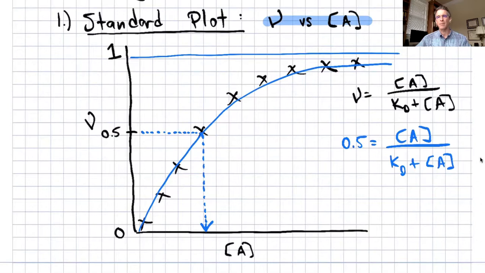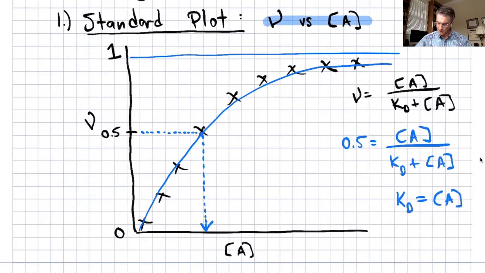If you just look at that mathematical expression, what would the KD have to equal in order for that expression to equal 0.5? Pretty easy. When the degree of binding equals 0.5, the KD has to equal the concentration of A.